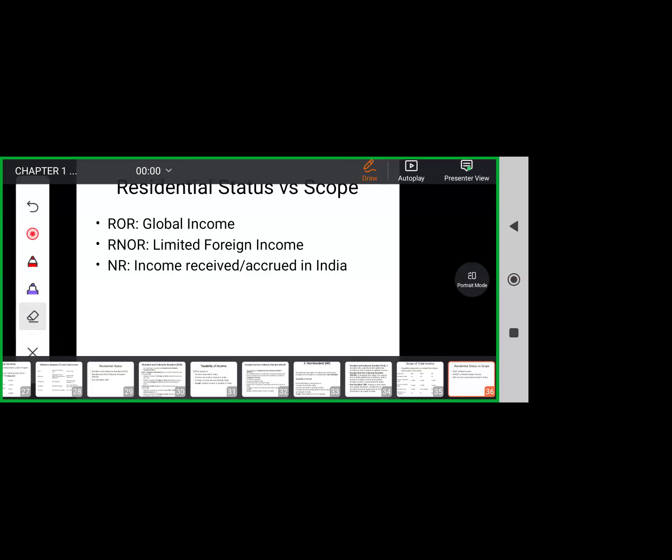Annual valuation will be after deduction of municipal taxes. Then from that, standard deduction of 30% of net annual value will be taken into consideration, and the interest amount will be applicable for the purpose of deduction. This is all about house property.